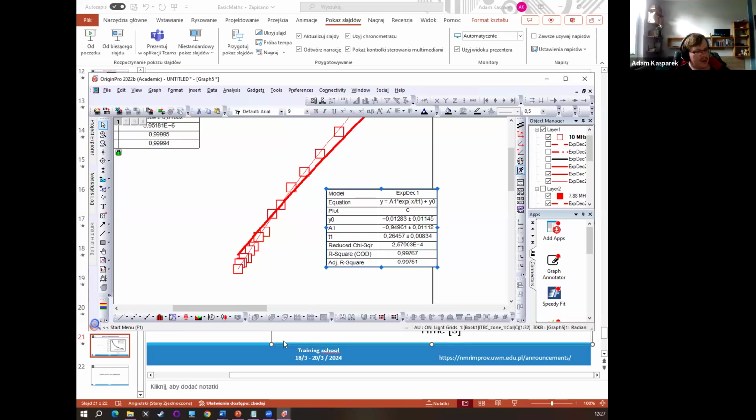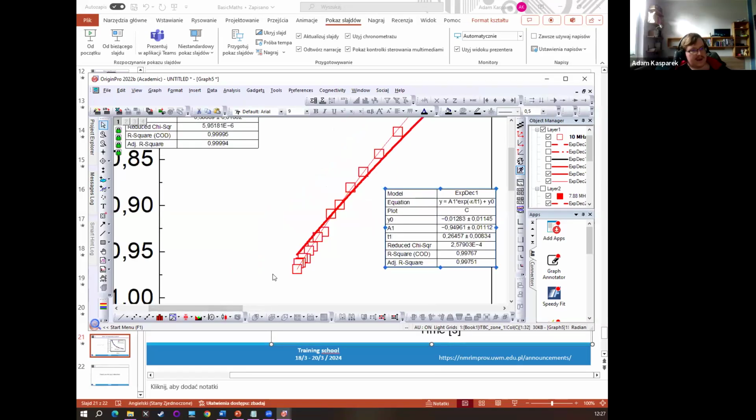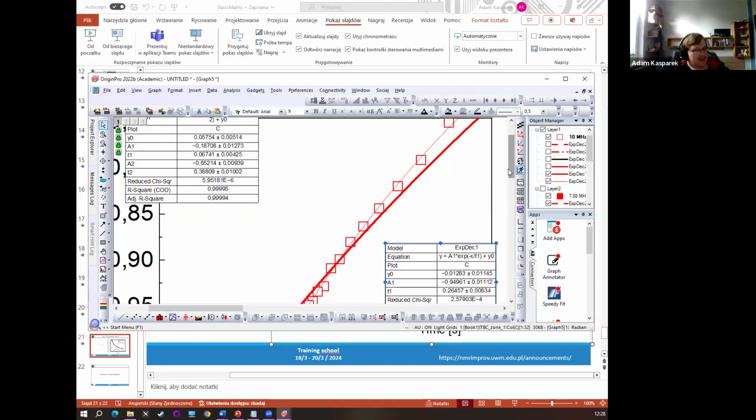Also, if we look at the parameters of the fits, we have here R square 0.997. Here we have 0.99994. So frankly, it's as close to 1 as we can reasonably expect. Of course, if we look at the results, we have here this A1.